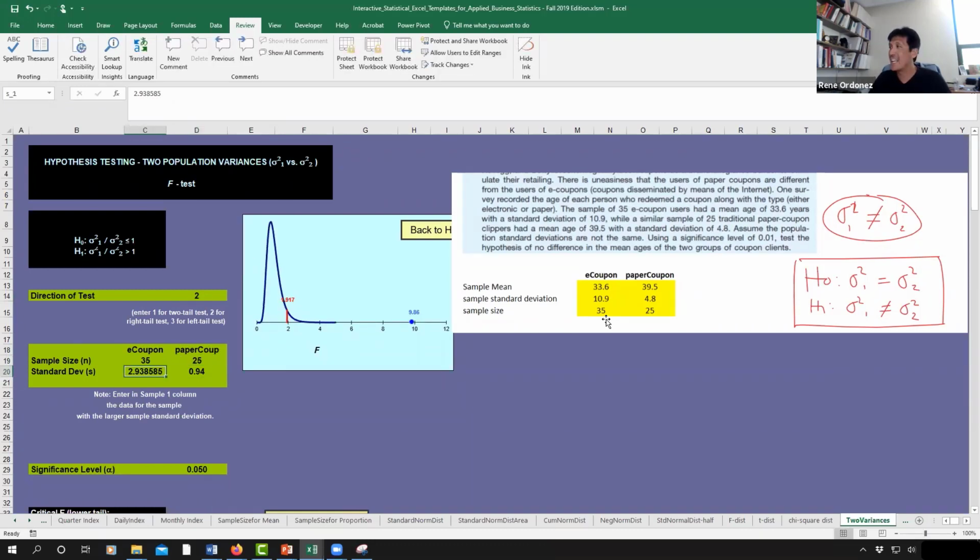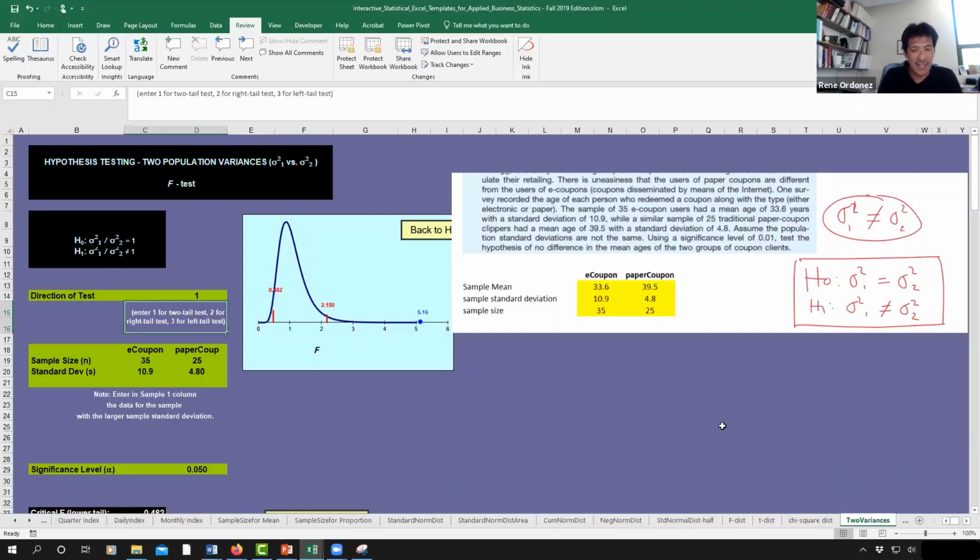The sample standard deviation over here is 10.9, and 4.8 for the paper coupon. Now the test is equal to, not equal to. It is a two-tailed test. Then we will change this to 1. All right, so you see the symbols now: equal to, not equal to, consistent with this.